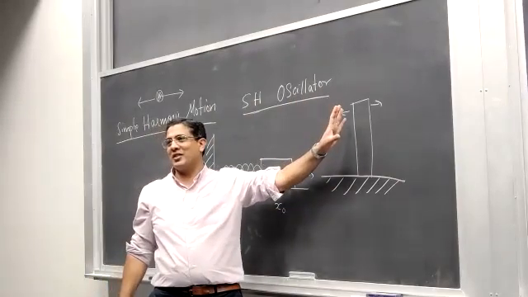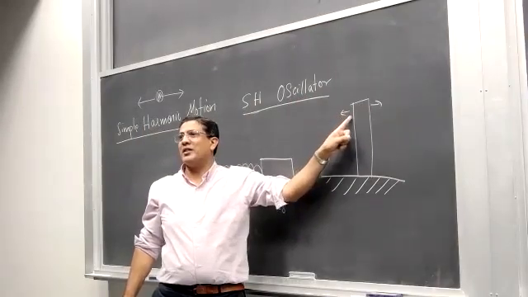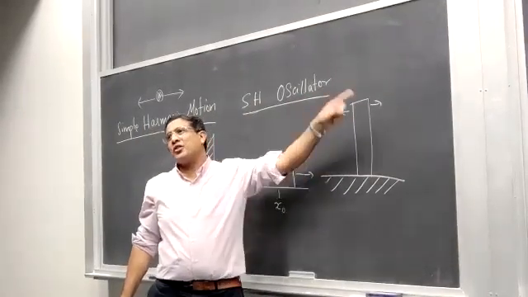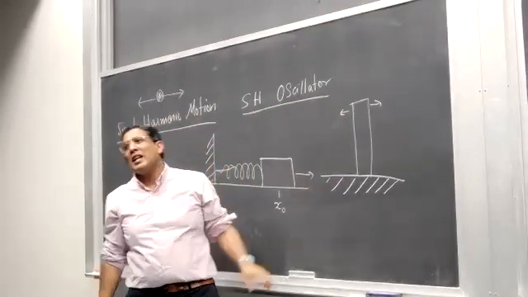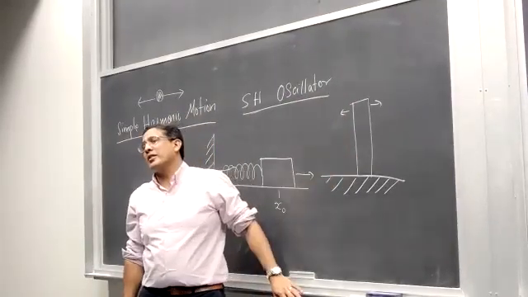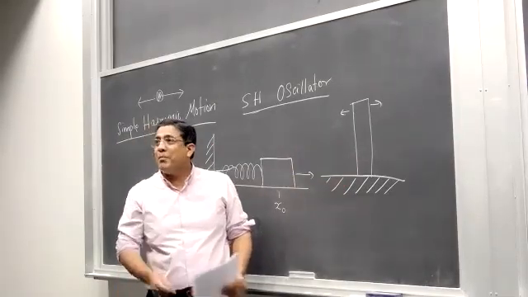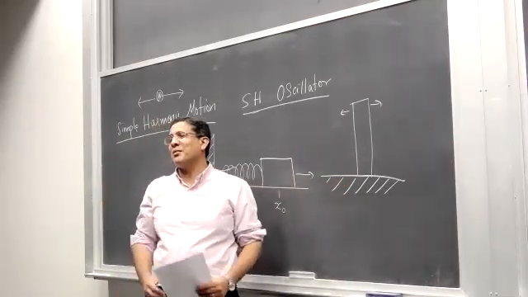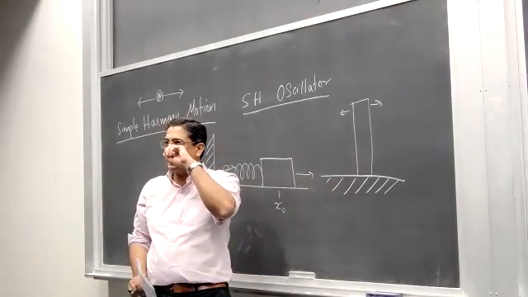Any rigid structure that once pushed out of its equilibrium position and tries to restore its equilibrium position in some limit, again in some limit, is a simple harmonic oscillator. Okay, a building is a simple harmonic oscillator. A bridge can be modeled as a simple harmonic oscillator to some limit. Okay, we'll see what that limit is.